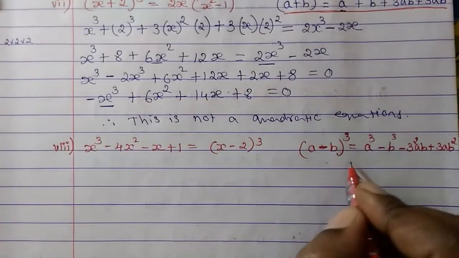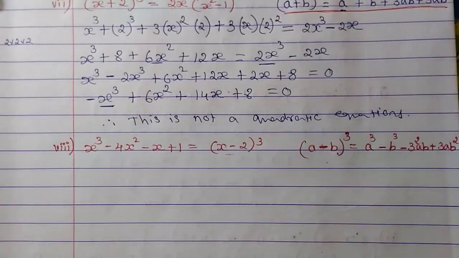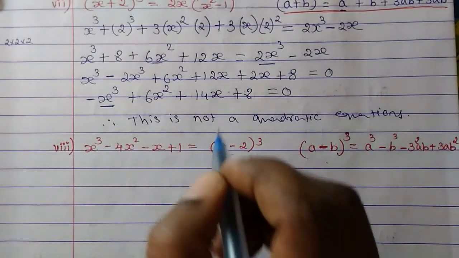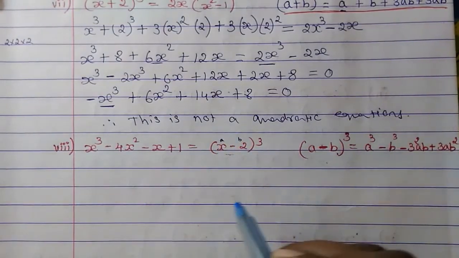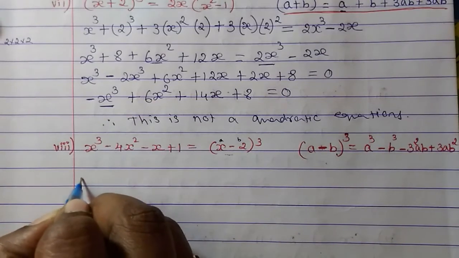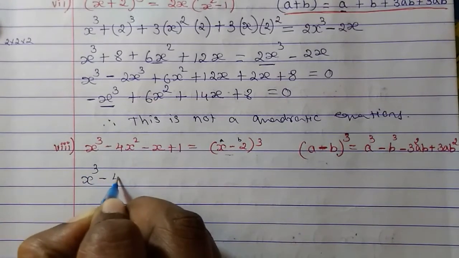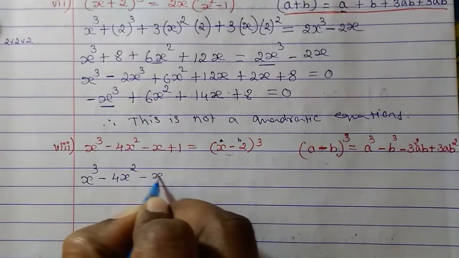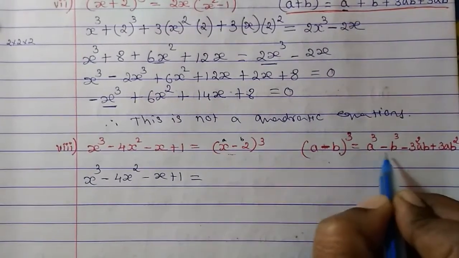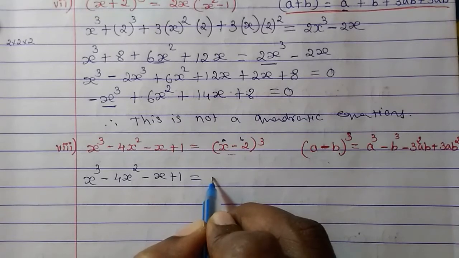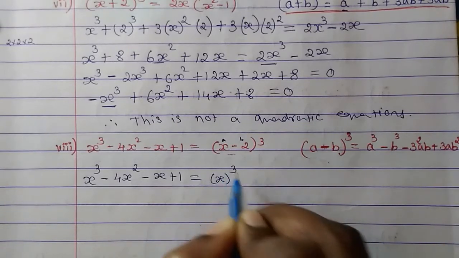So now in this form you have to write down this. So this you will consider as your a and this as your b, and this way you will write down. Okay, so this we write down as it is, nothing to solve here. But here this form we will write down. So first a cube, so our a is x here, so cube.